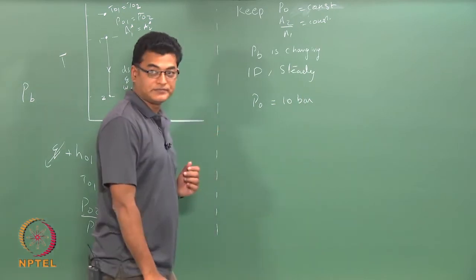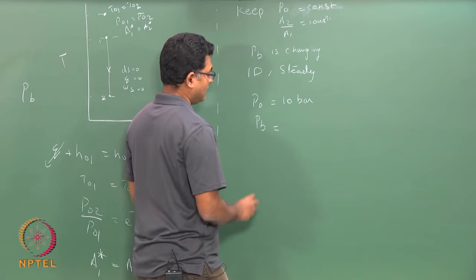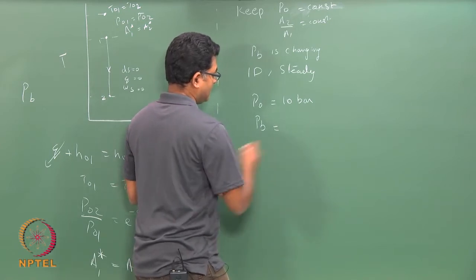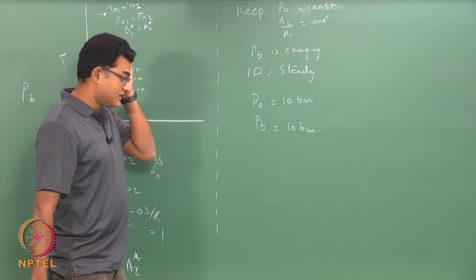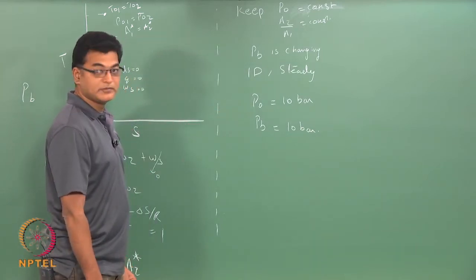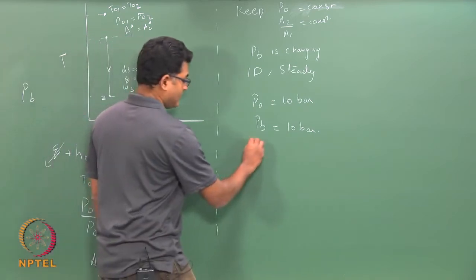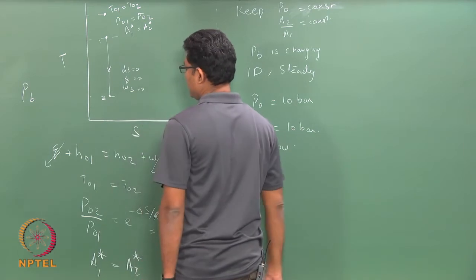So, let us start with some value P0, 10 bar, and Pb also 10 bar. So, this is a case where P0 equals Pb and hence no flow. Okay.